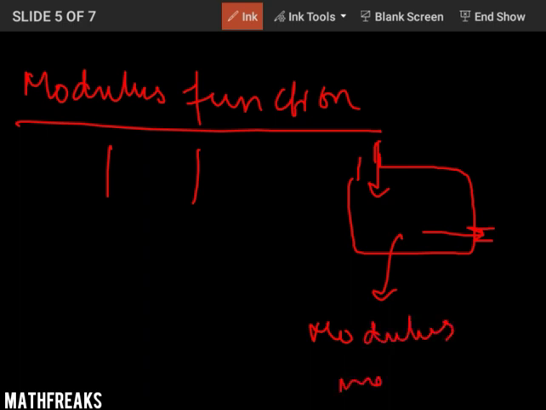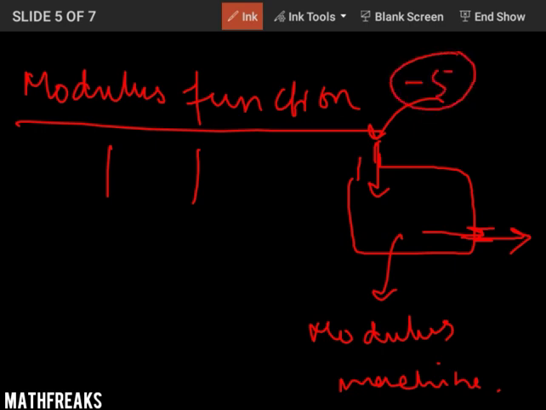Now if you put any value, negative, positive, anything, it will always give you a positive value. The number will be the same, but if it's negative, then it will become positive. Like if you put here minus 5, you will get 5 as the output.